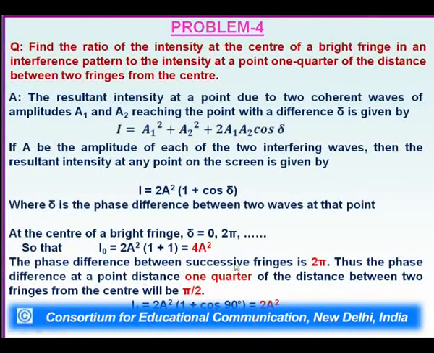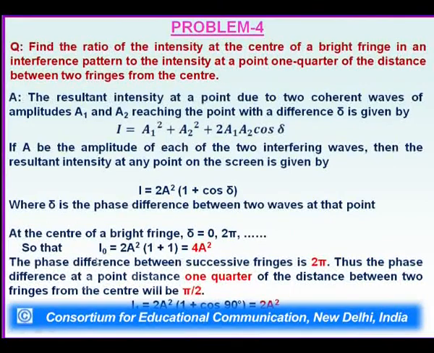The phase difference between successive fringes is 2 pi. Thus the phase difference at the point a distance 1/4 of the distance between the two fringes from the center will be pi by 2. So we can write I1 is equal to 2A square (1 plus cos 90 degree). Pi by 2 is equal to 90 degree. So put here the value of delta equal to 90 degree and the value is equal to 2A square.